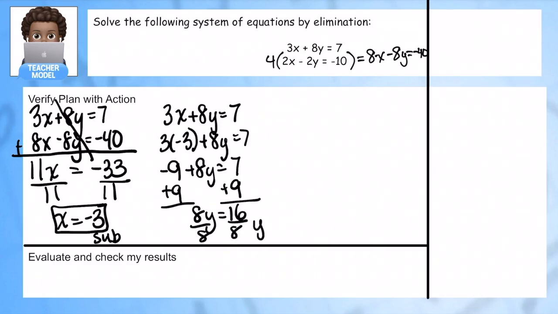And I get y is equal to 2. So now I have my x and I have my y. So my solution is -3, 2. There's my solution.